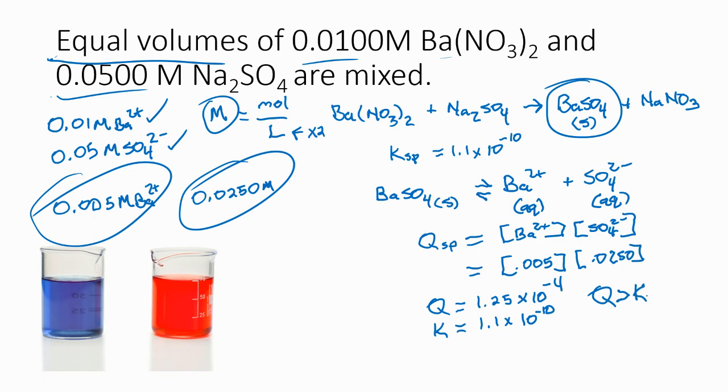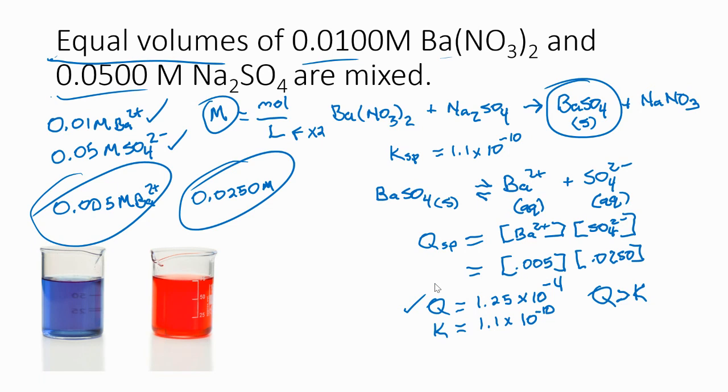Let's go back to our restaurant analogy. You got 54 people in my restaurant, 49 are allowed. The fire marshal walks in, sees 5 more people than are supposed to be there, so he kicks them out. Q here is bigger than it should be. I should never have that many ions in solution.